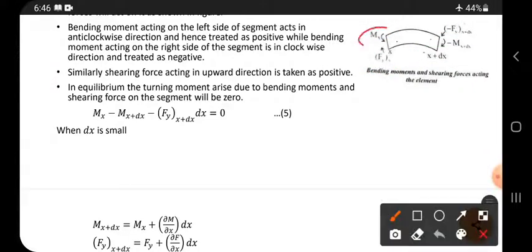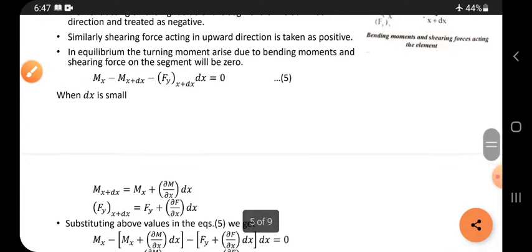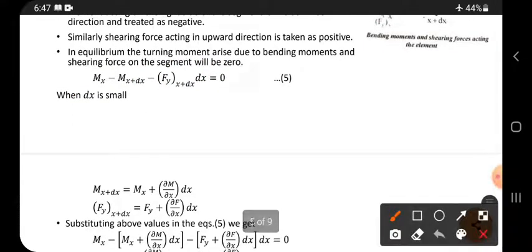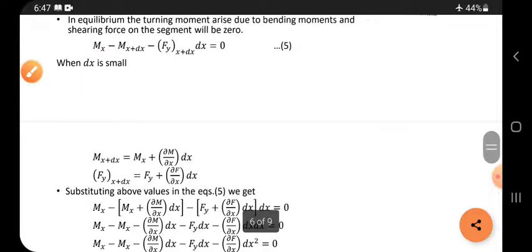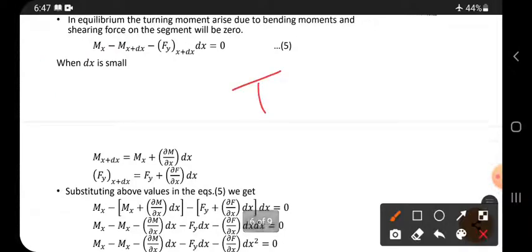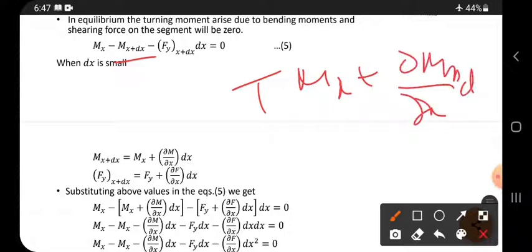We take the bending moment on the left side and right side, and the force on the left side. The force into distance is also a bending moment. Here dx is small, so applying the Taylor series, Mx plus ∂Mx/∂x into dx.